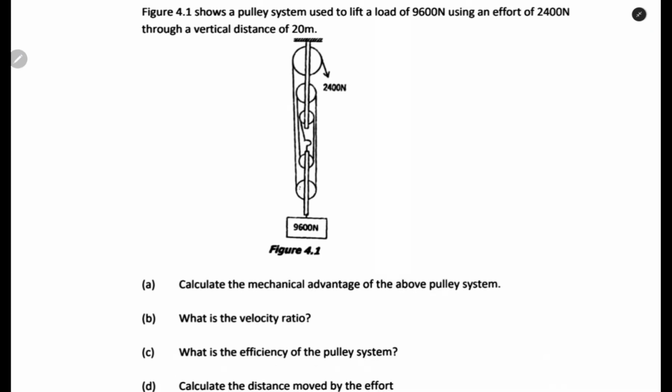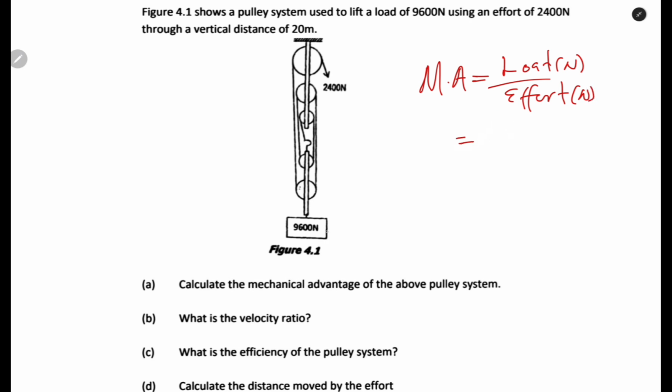Mechanical advantage, abbreviated as MA, equals load over effort. Since these are ratios, there are no units for mechanical advantage. Take note that load is in Newton and effort is in Newton. These are forces.